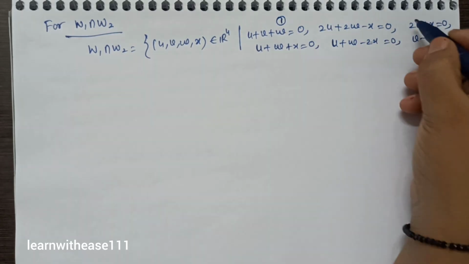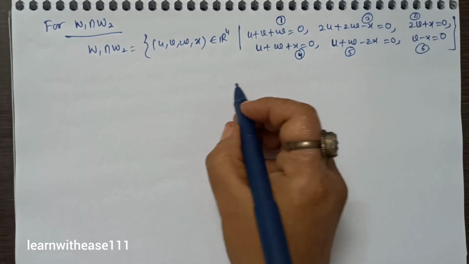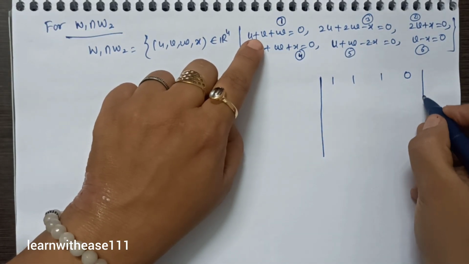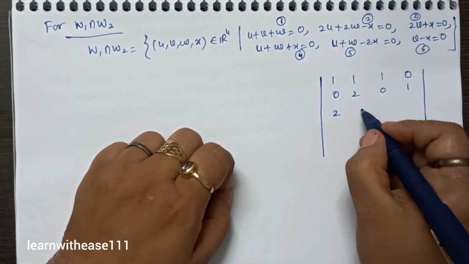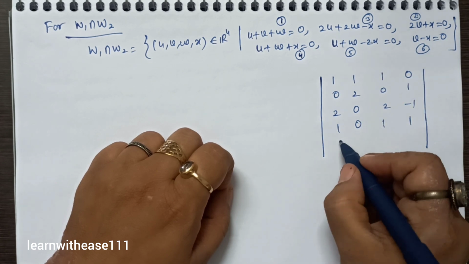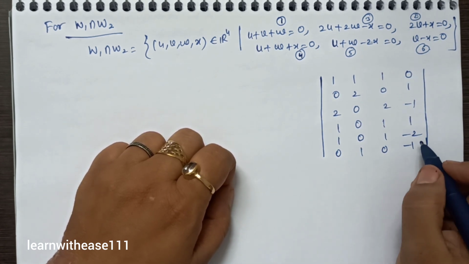So this was the first, second, third, fourth, fifth, sixth condition. I'll be writing them in sequence: 1 1 1 0. For the second equation, 2v plus x: 0 2 0 1. For the third equation likewise, and fourth, fifth and sixth. 6 rows I'll be having.